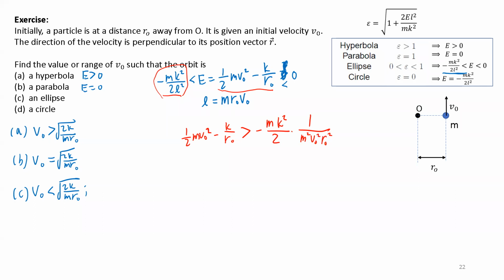So here I'm looking for a constraint, a requirement for the V0. So let me write this using V0 as the variable. It can be shown that this equation can be written like this. What I'm doing is multiplying both sides by V0 squared, and you'll see a quadratic equation.